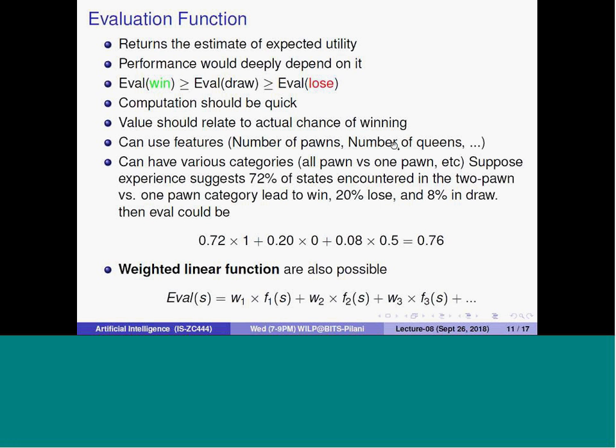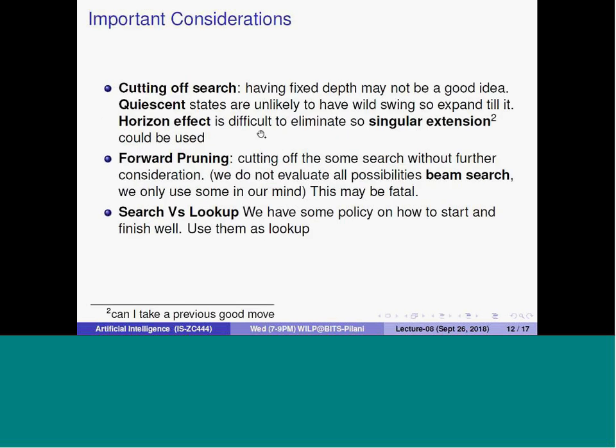At some place multiple things could be applied, such as features and strategies. Various strategies are possible, and using all those things you can construct a weighted function. The first one could be a feature, such as how many pawns you have.